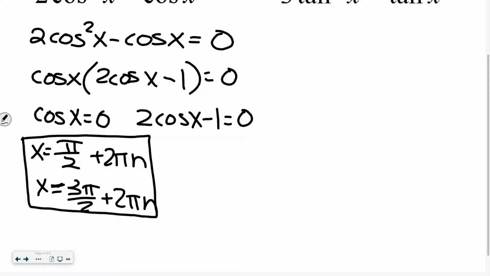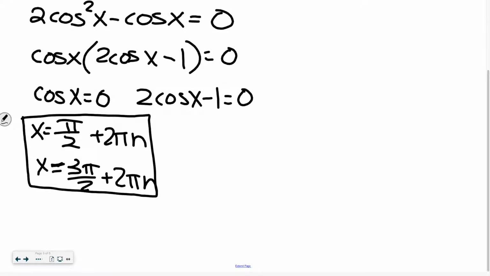Okay. Now, you might see, and this will be true especially if you're checking answers in the back of the book, that actually those answers could be condensed, because pi halves and 3 pi halves are really just pi away from each other. There's a difference of 180. So this answer can be condensed to just say pi halves plus pi n.